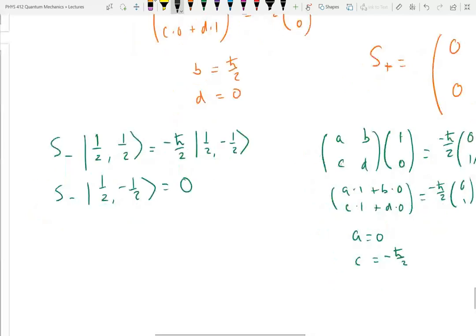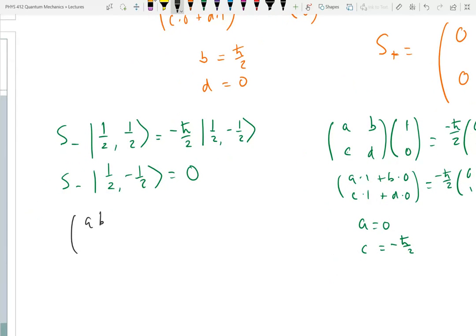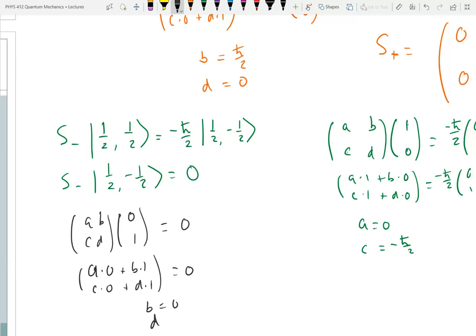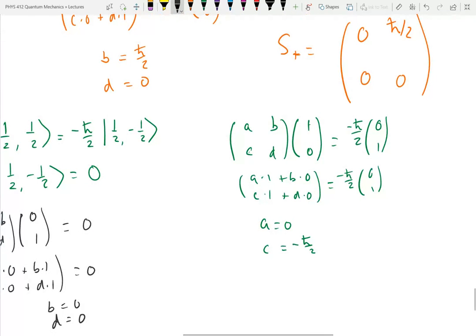And then doing the second relation, gives me B and D is 0. So that means my S minus operator is equal to 0, 0, minus H bar over 2, 0. So I've got my S minus and my S plus operators built from those eigenstate relations.